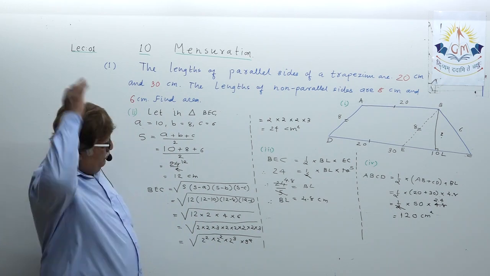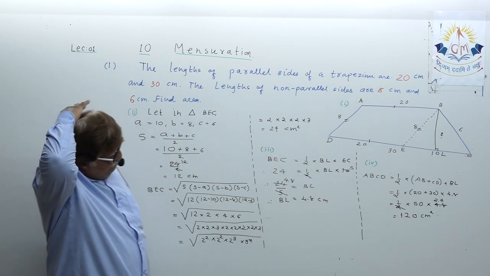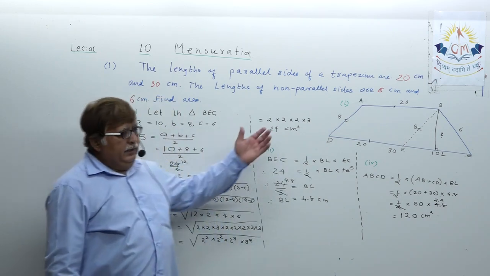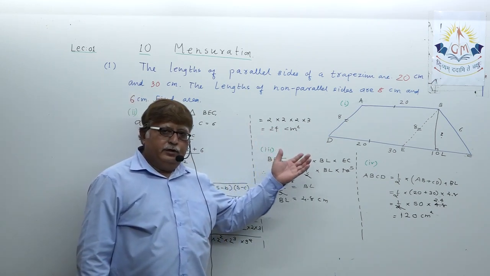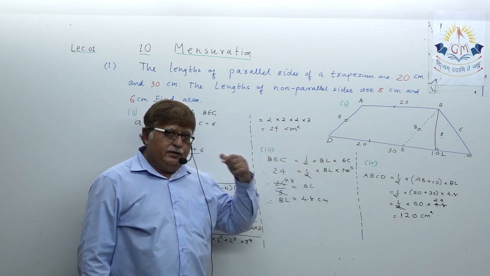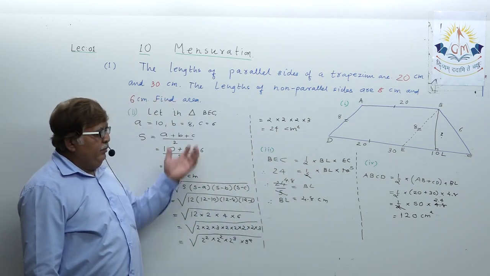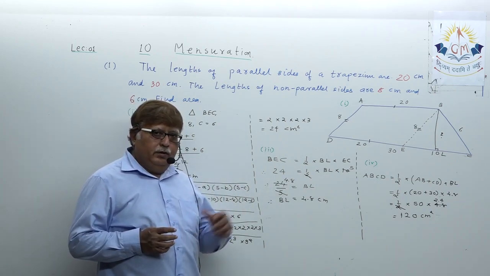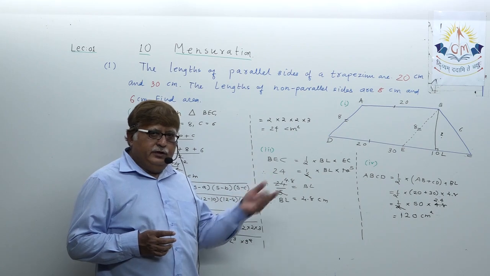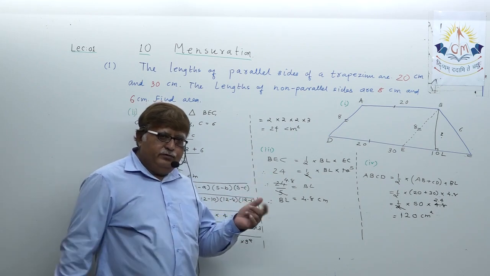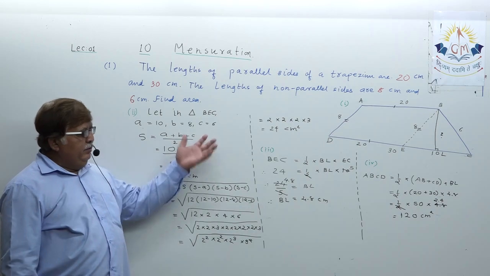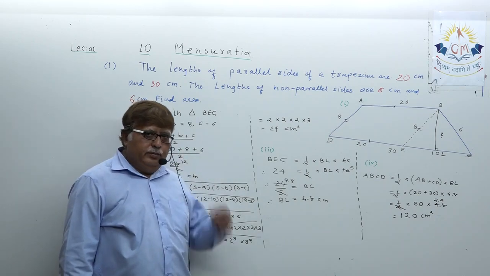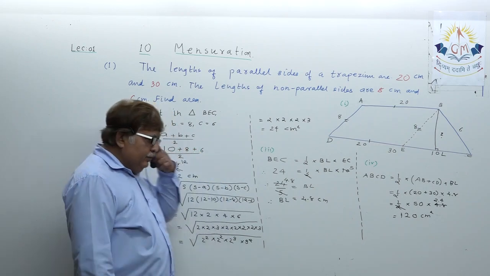Understood? First step, the diagram and some of the necessary construction in the diagram. Second step, attention has to be shifted on triangle BEC rather than area of trapezium ABCD, finding the area of triangle BEC by Heron's formula.